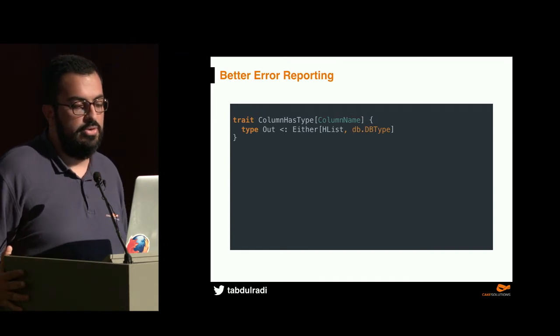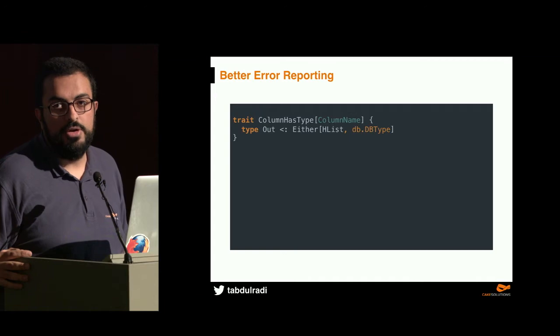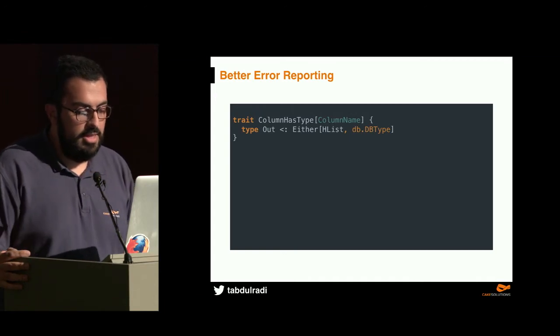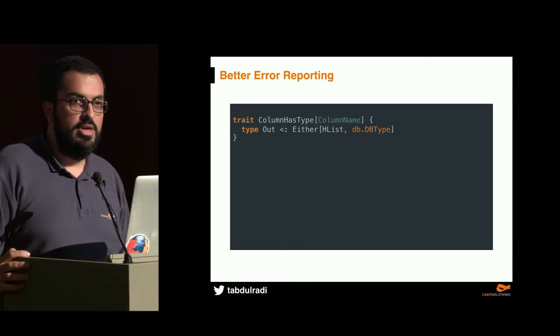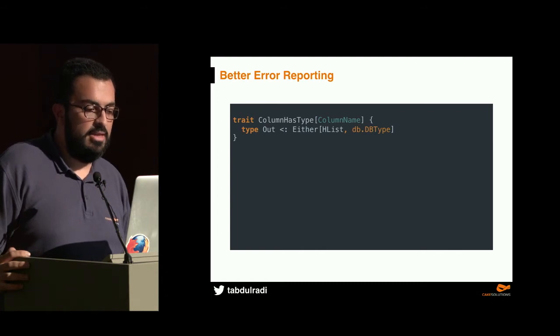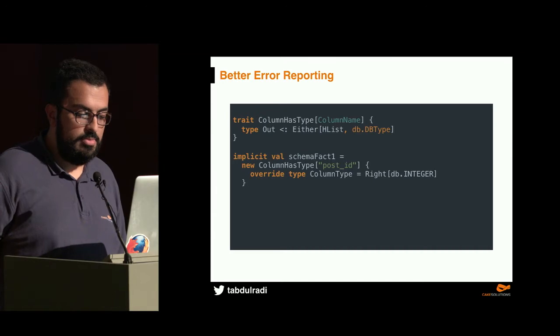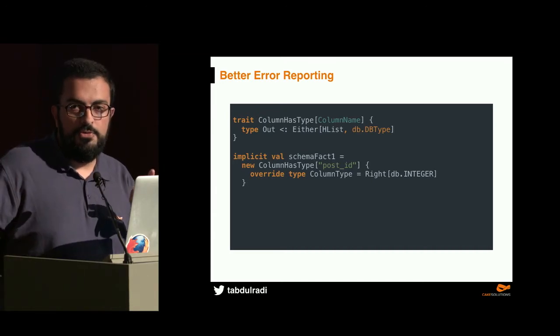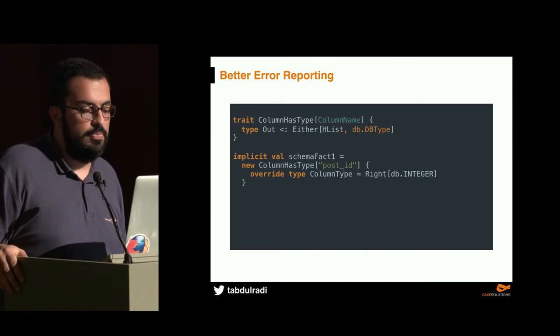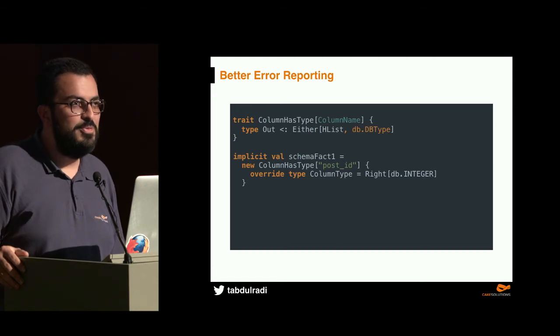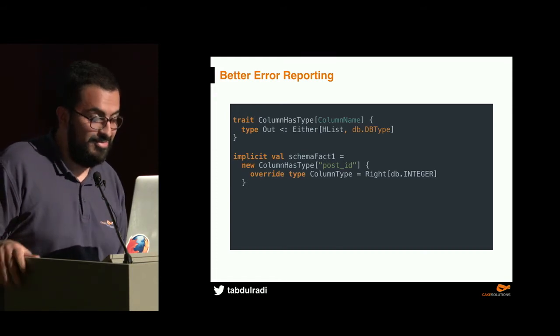I'll show you later how. On the right hand side, this should be the DB type you're looking for, right? Now, when you write the fact, the instance of this type class, we're going to use right of integer instead of integer directly. Cool? Now the bit when you want to hold your tomatoes, hide.